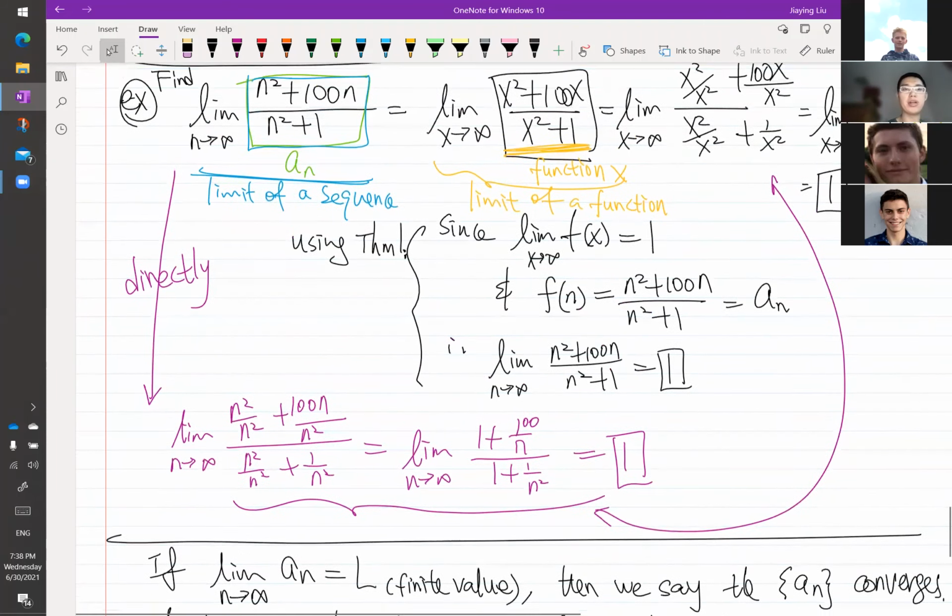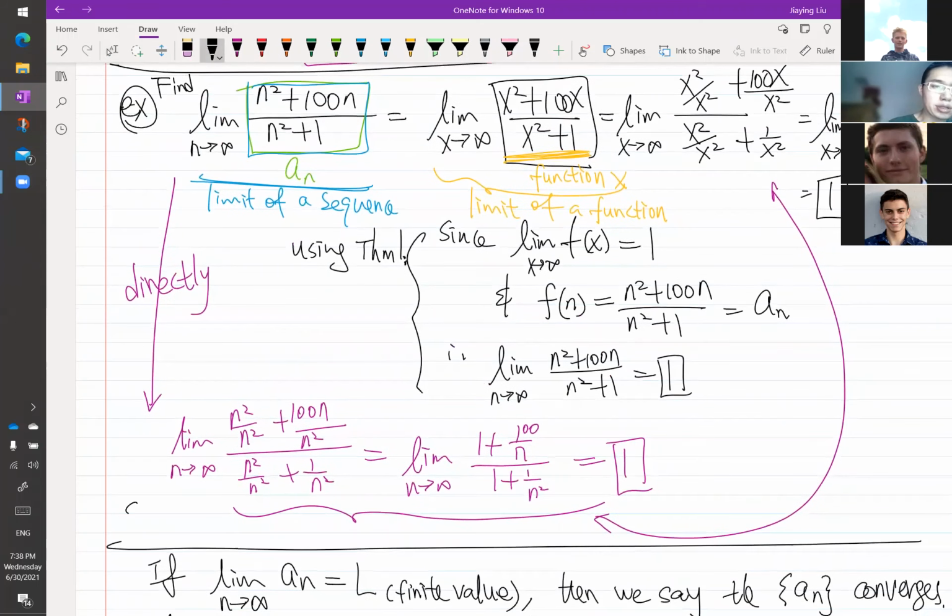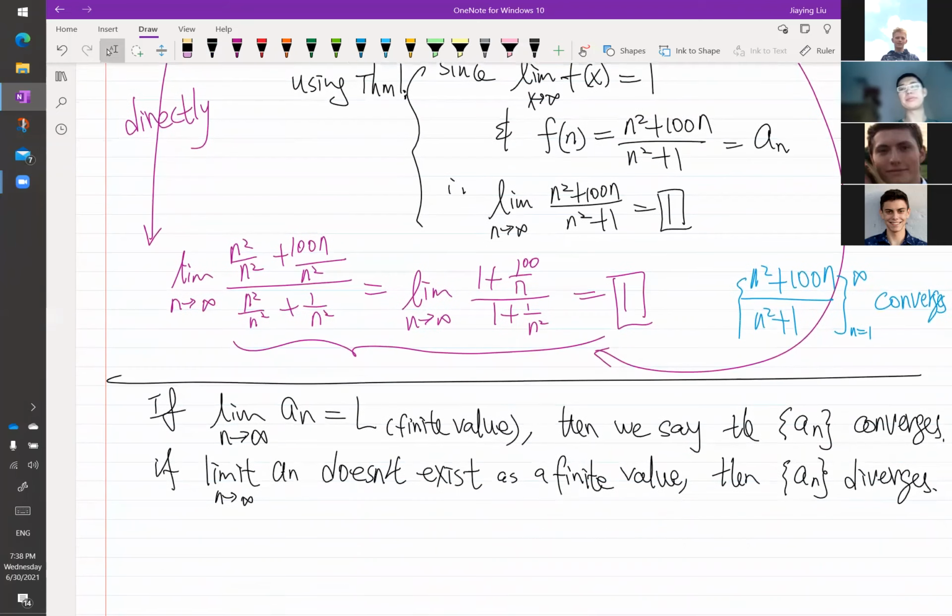So in the example I gave above, because we were able to find the limit as 1, so this sequence, let me use a different color before we get confusing, this sequence n squared plus 100n divided by n squared plus 1, for n from 1 to infinity, this sequence converges because we were able to find the limit as 1. So just a notation on the side.